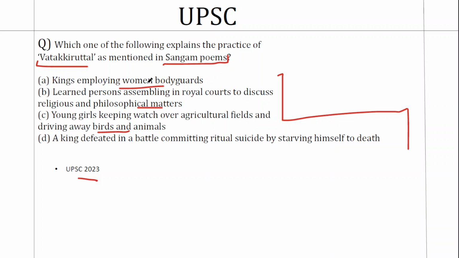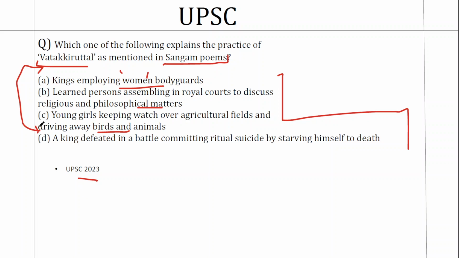If you look at the two options, the first option is concerning women. It talks about keeping women bodyguards. And the third option is about young girls keeping watch over agricultural fields. Now these two options are about women. When you look at the Sangam literature, or even the Vedic literature, we have specific prominent names of women from the early Vedic period, like Abala.